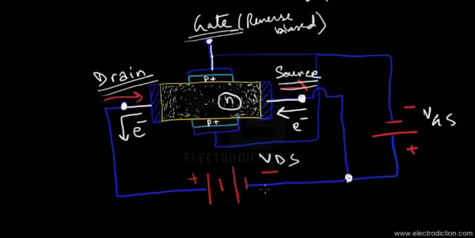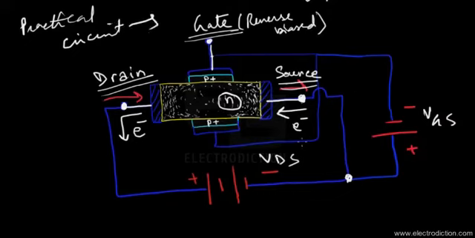So that's the electrical connection of the JFET as is practically done. This is the practical circuit of the JFET as it's to be used. As I said, the gate terminal is reverse biased, so we need to apply a negative voltage to the gate terminal.